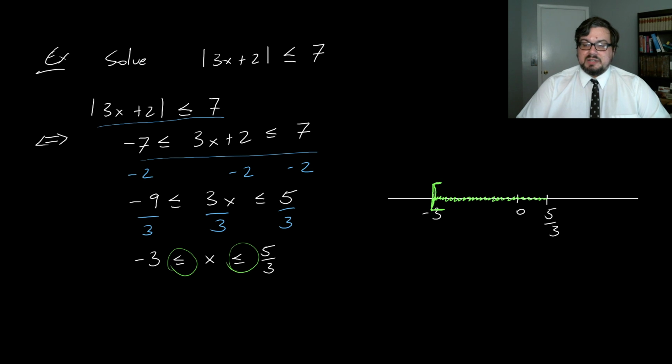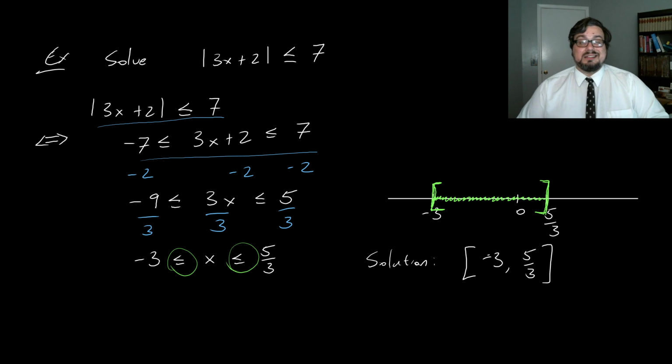So we include -3 in our answer. Similarly, we're going to include 5/3 in our answer because there's a weak inequality on the 5/3 side of this compound inequality. So our solution in interval notation is the interval from -3 to 5/3 with square brackets on both sides because both of those endpoints are included in the solution.